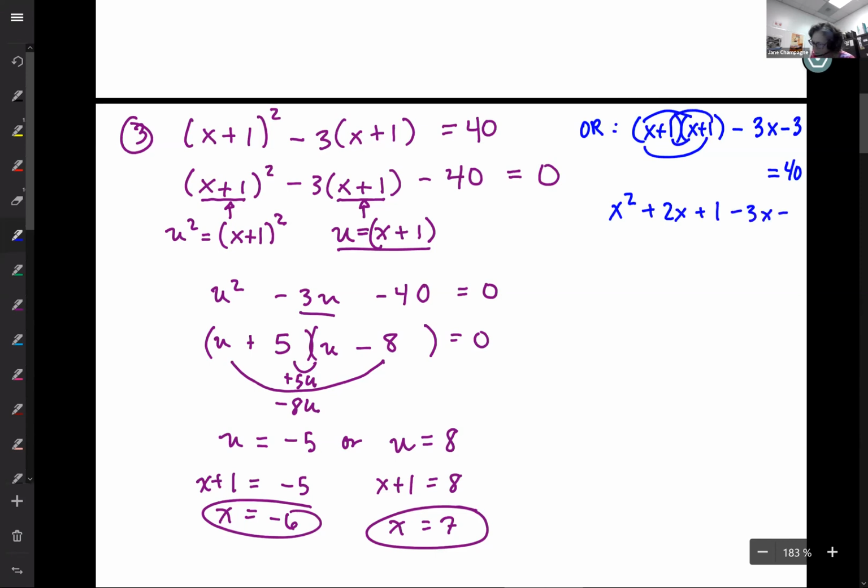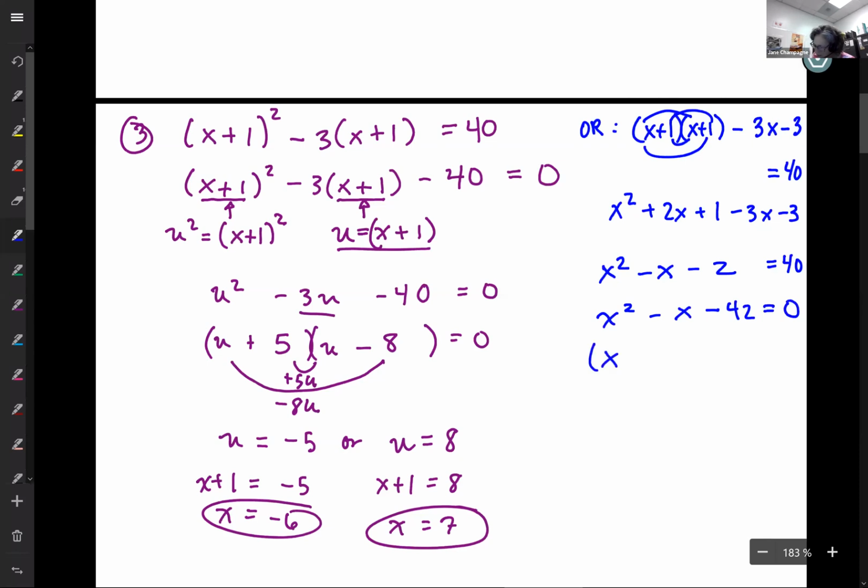And then if you subtract 3x and subtract 3, you get x squared minus x minus 2 equals 40. And then setting it equal to 0, you get x squared minus x minus 42.